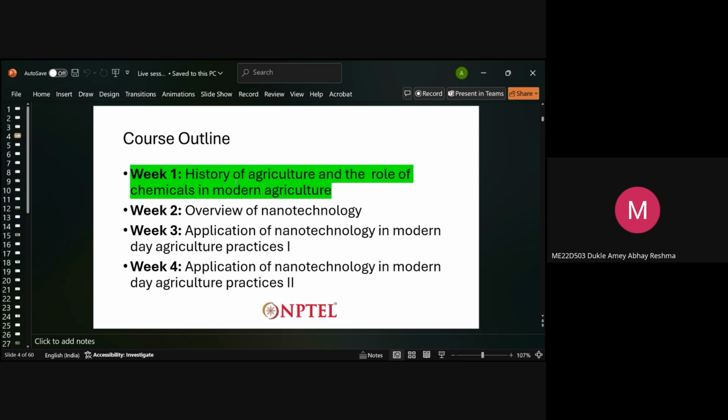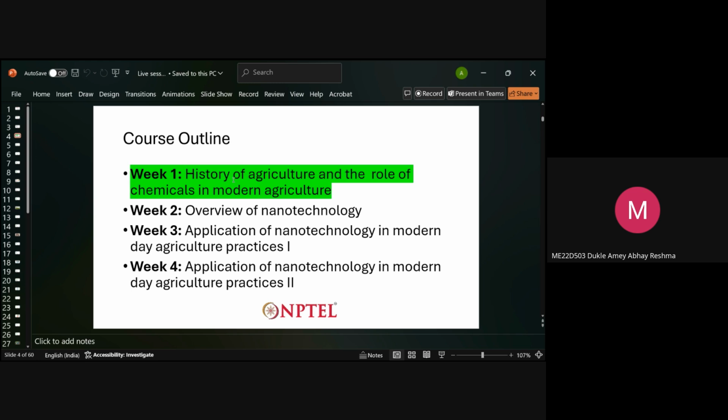Okay, so let's start. This is the course outline. This is the first week of the course. It is a very basic course, a very basic introduction. It consists of the history of agriculture and the role of chemicals in modern agriculture. So this week you will have very simple questions, based on general knowledge or GK.